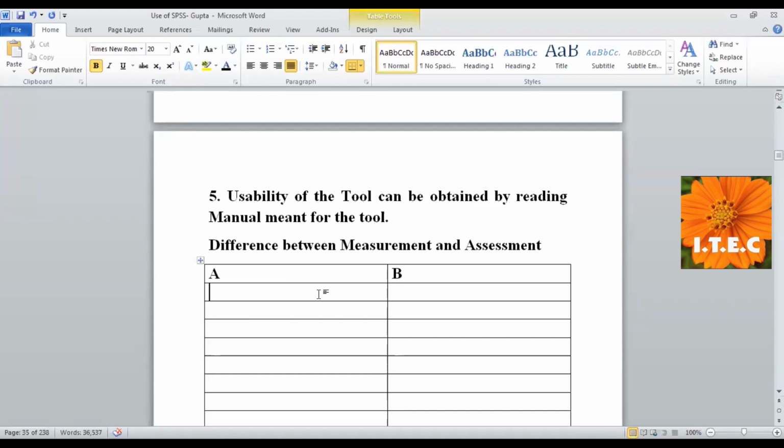I'm now giving you social problem. Here I'm giving you weight. So weight is a variable and social problems is also a variable.